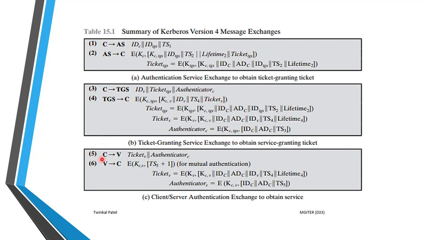Now the client will send the service request using this ticket to the application server. Now the application server and client will mutually authenticate each other using this step. So in this way, the client and server authenticate each other and obtain the service.